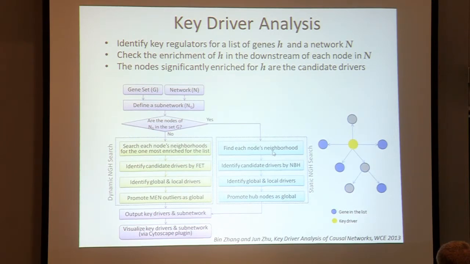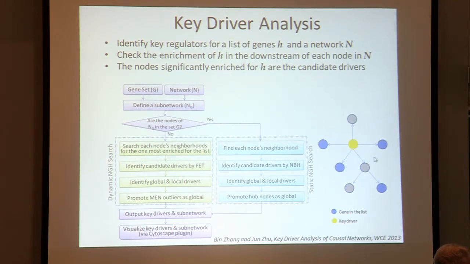You search all the nodes and look at the downstream or immediate neighborhood of a particular gene, and see whether the input nodes, highlighted here as blue nodes, are enriched in the neighborhood.